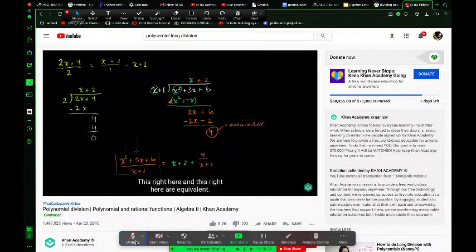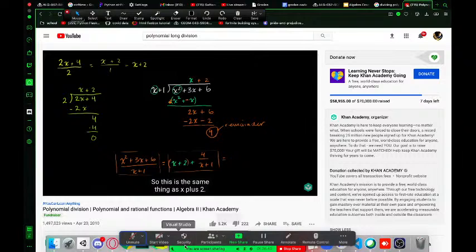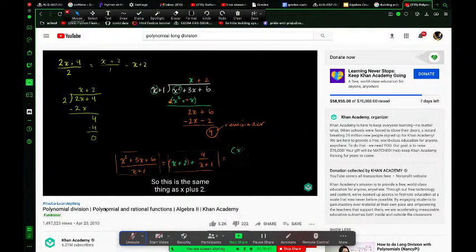This right here and this right here are equivalent. And if you wanted to check that, if you wanted to go from this back to that, what you can do is multiply this by x plus 1 over x plus 1, and then add the 2. So this is the same thing as x plus 2.